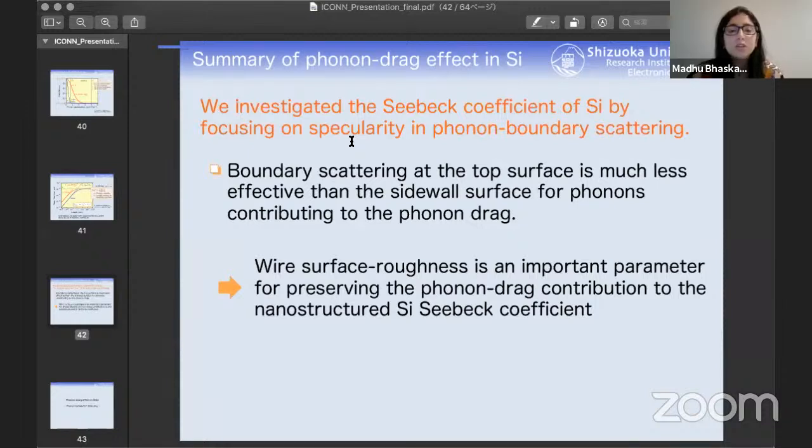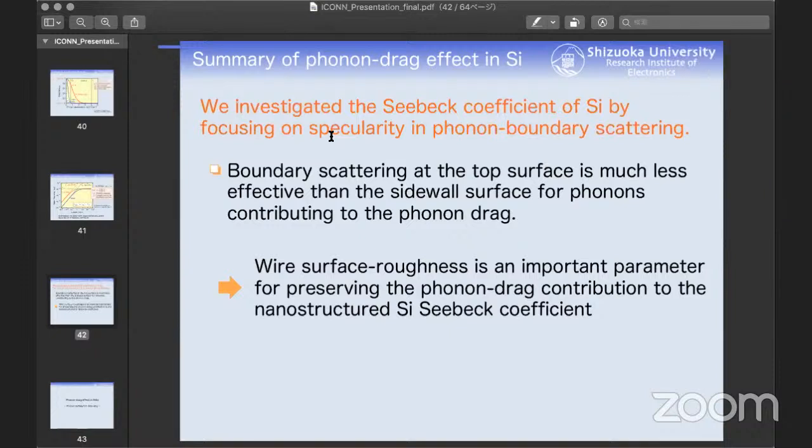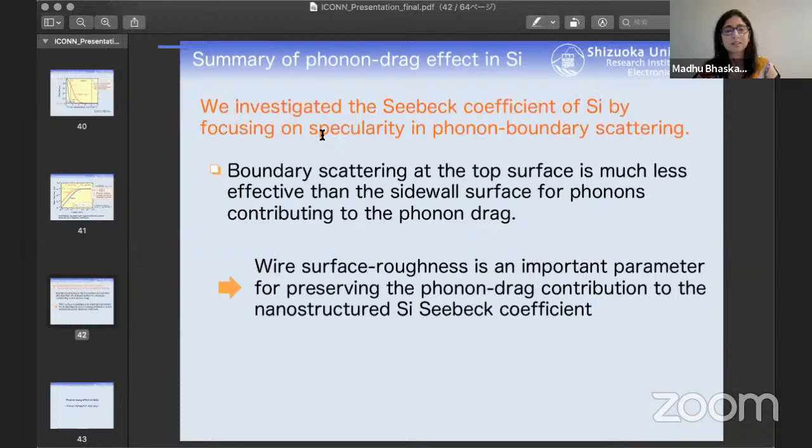The question is, do grain boundaries contribute to the effect of phonon scattering in your study? Grain boundary, yes.